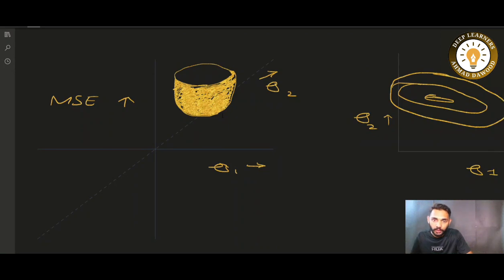Let's say we have two coefficients, theta 1 on the x-axis, theta 2 on the y-axis, and mean square error on the z-axis.